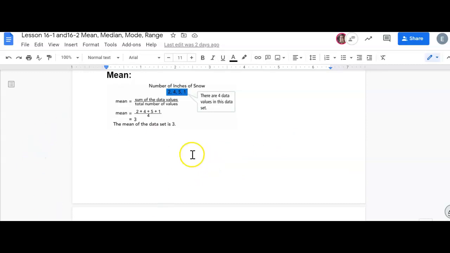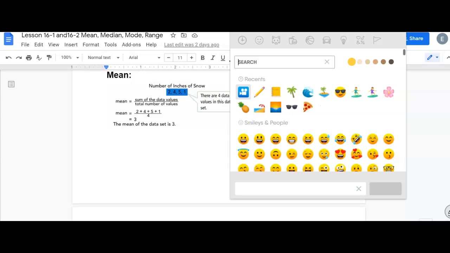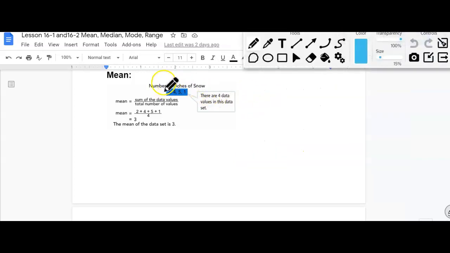Now the equation for solving this is adding up all the numbers in your data set and then dividing that by how many numbers you added up. Let's give an example of if we had a 0 here, it snowed 0 inches. Do we need to add 0? Yes and no. The reason why yes is because we have to include all the numbers.